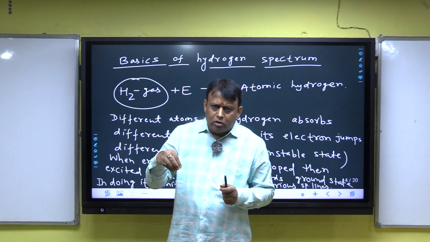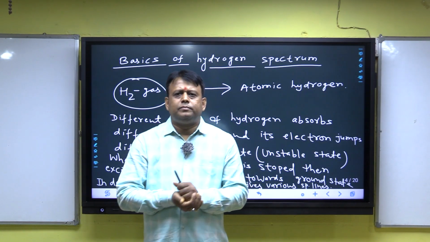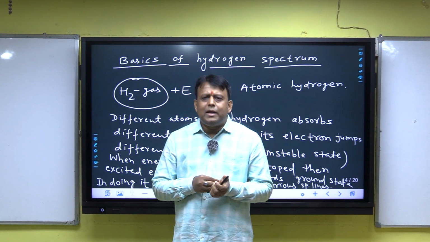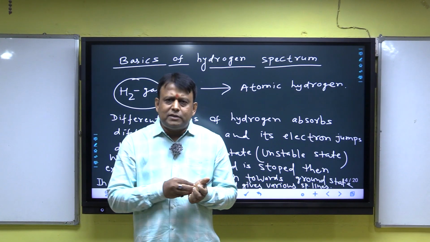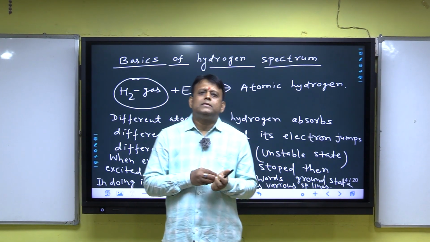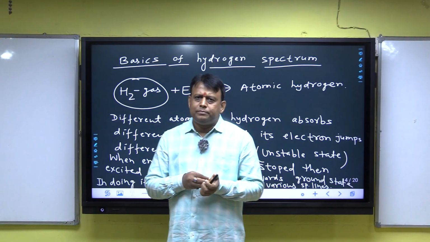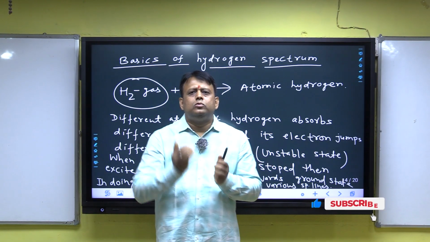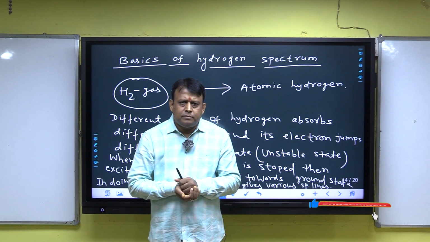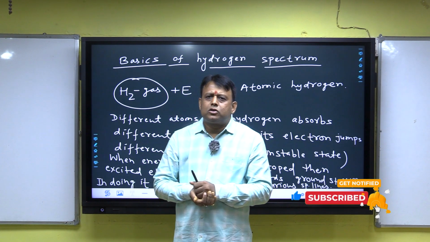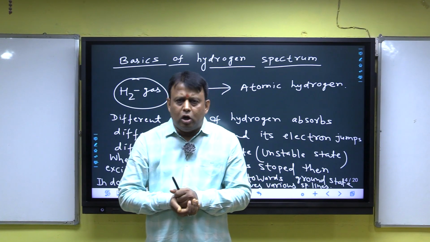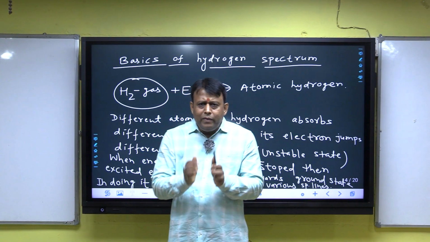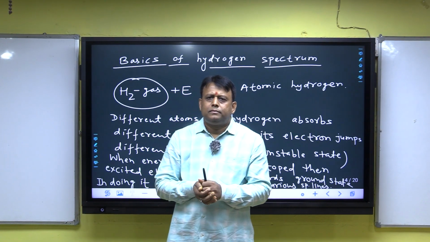When electron is present in the first orbit of hydrogen, it is called a stable state, the first energy level, the ground state. When it jumps from first orbit to higher orbits, it is called an excited electron, and it is unstable.